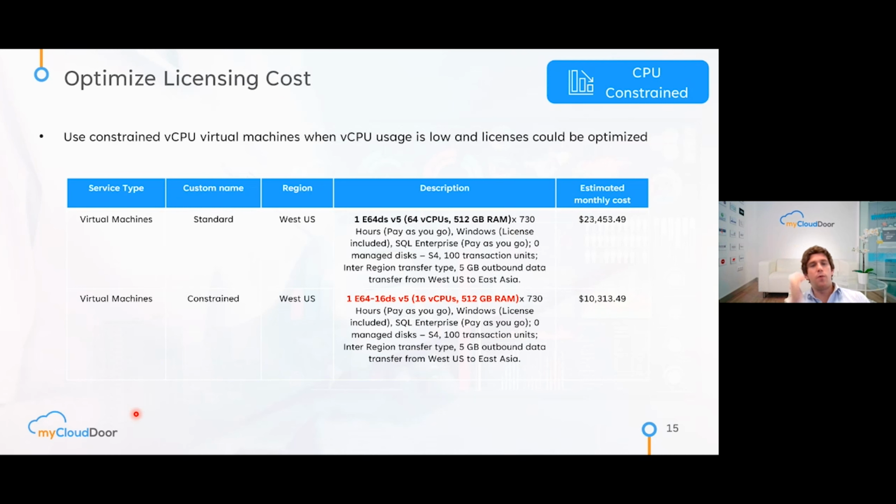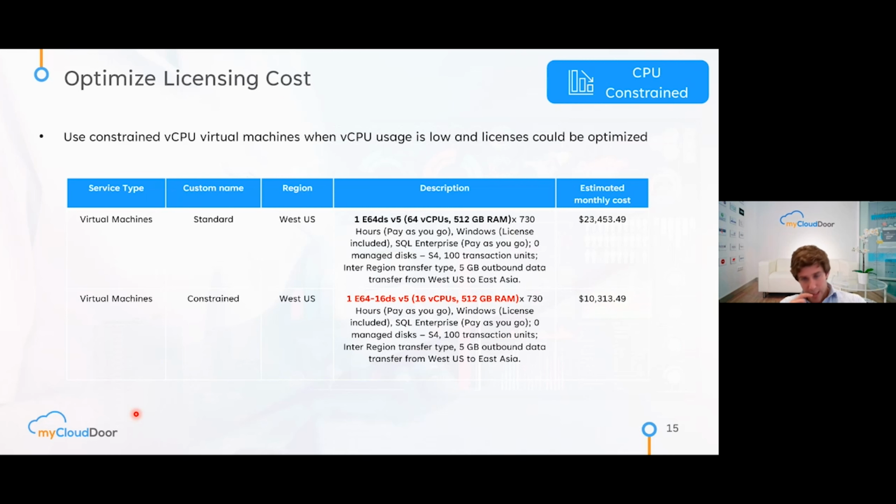And for some specific workloads, and this is something that a lot of companies are not considering, there is the CPU constraint. Mainly when working with databases or software that is built or quoted based on the number of CPU cores you have available, you need to know that we have constrained-CPU VMs.